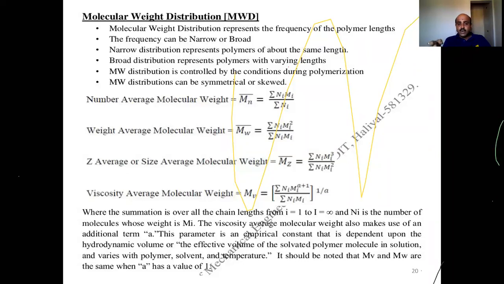So this molecular weight distribution, basically it is being controlled by the conditions during polymerization. In the sense, depending upon the applications, what kind of molecular weight distribution is required, this distribution of molecular weight can be controlled by maintaining different conditions during polymerization.